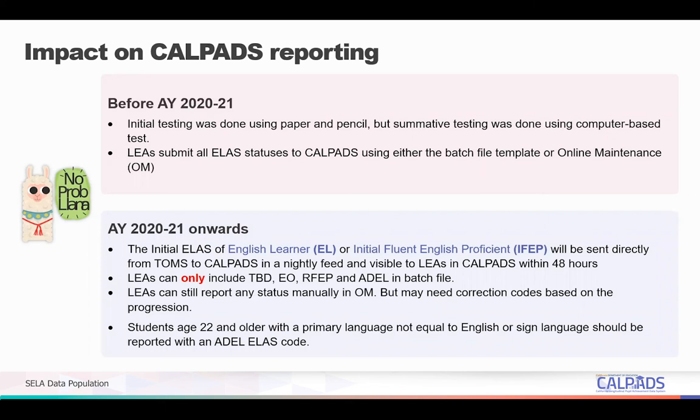Also, students aged 22 and older with a primary language not equal to English or sign language should be reported with an ADEL ELA status code. They should not be reported with a TBD, but instead reported with an ADEL. Any student aged 22 and older who has prior EL status must also be reported with an ADEL status.